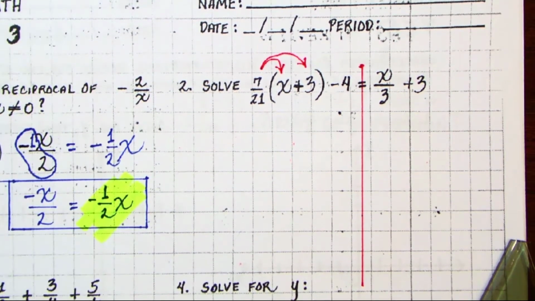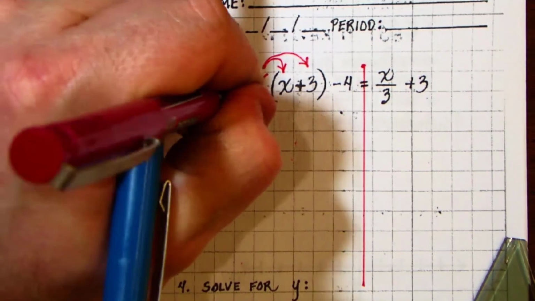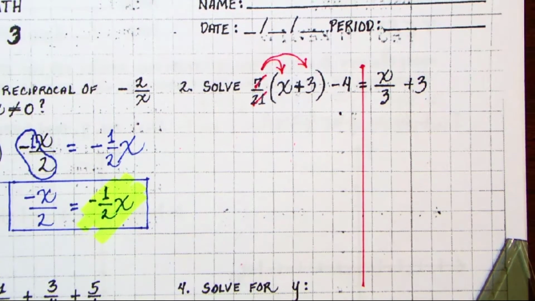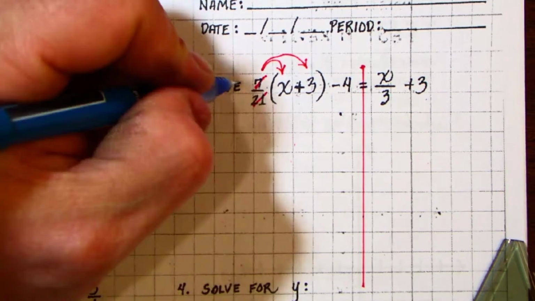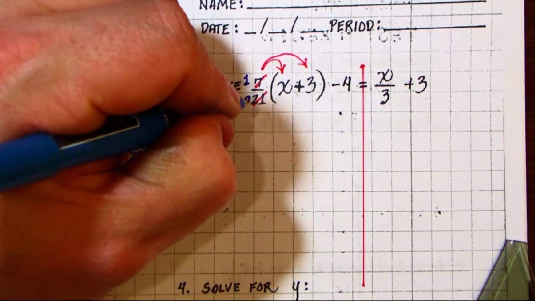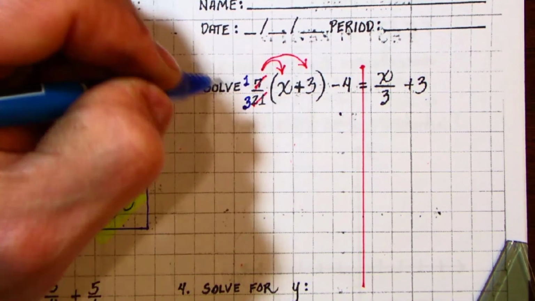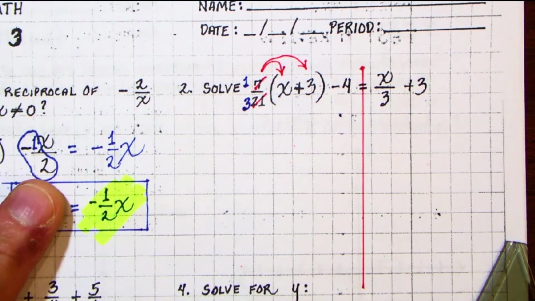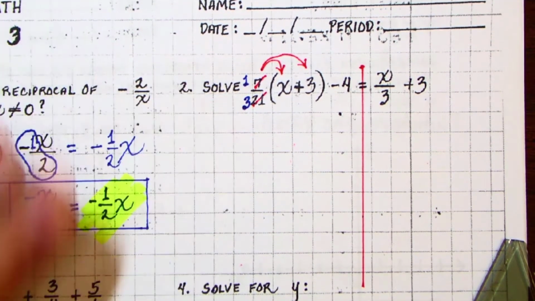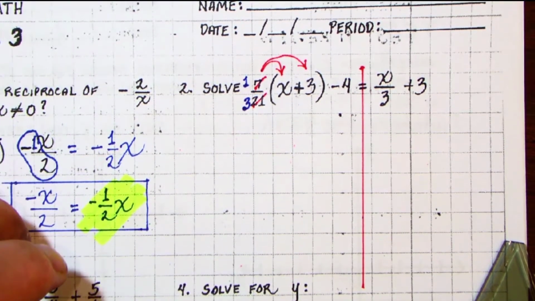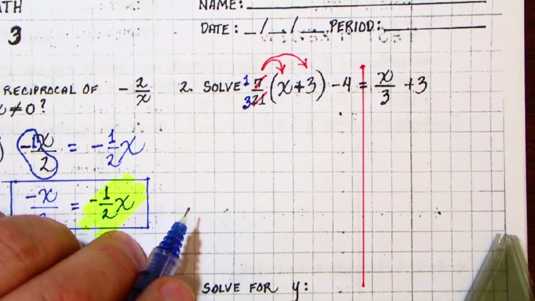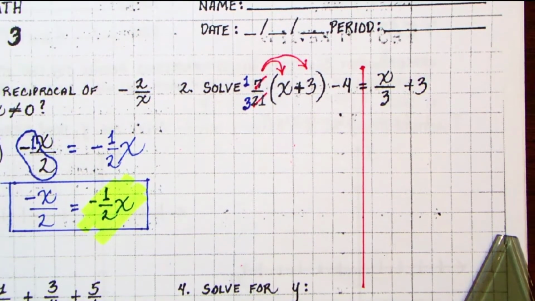What can I simplify it to? 1 over 3. Okay, so now distribute 1/3 to x. What do you get? Don't overthink it. It's just 1/3 x.